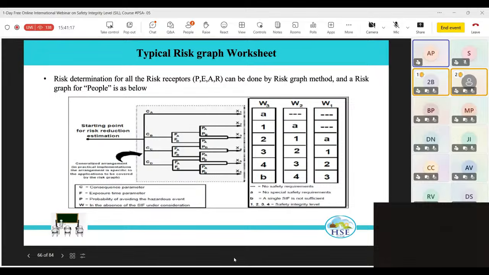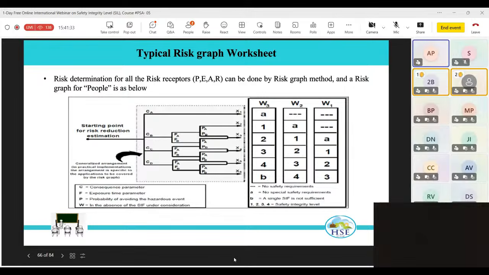Now, if you see your particular HAZOP report, just see the HAZOP session you did earlier. This is something for open discussion.